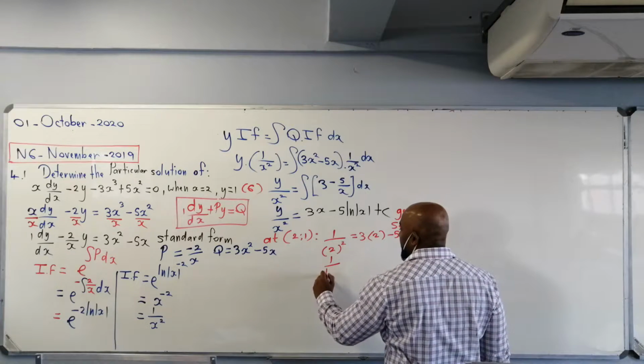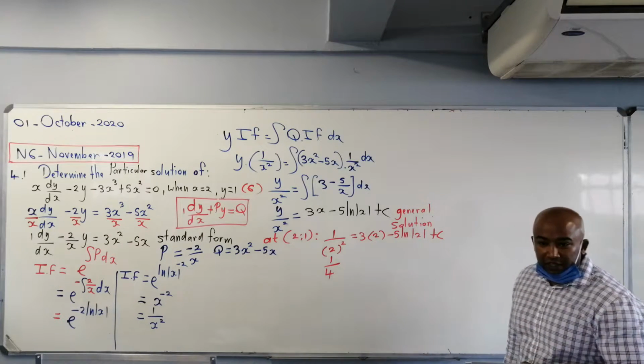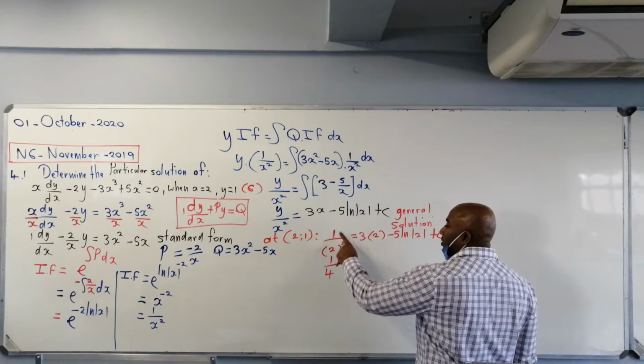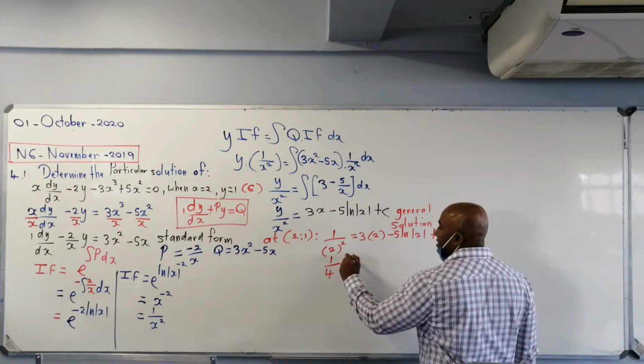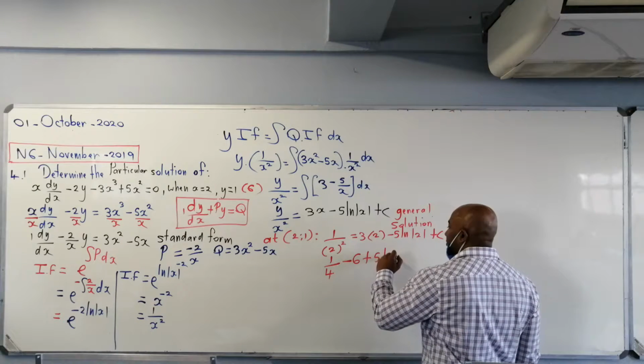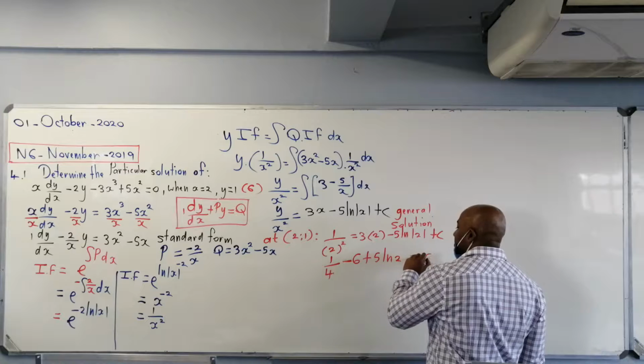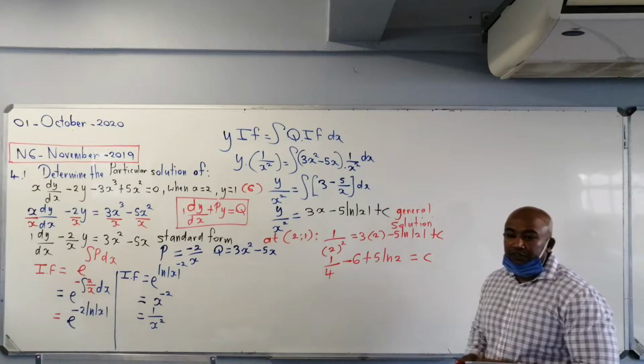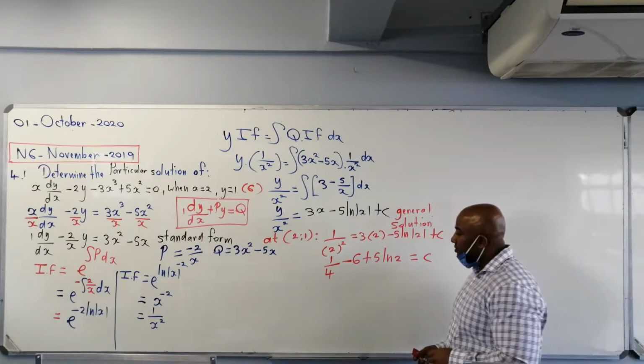So that's going to be 1 over 4. Work it out on the calculator there first. So that will be 1 over 4 minus 6 plus 5 ln of 2 is equal to c. Give me the answer there, rounded to 3 decimal places.